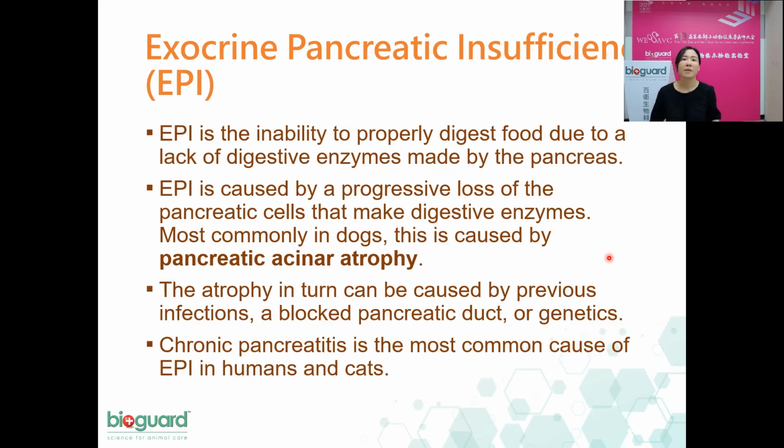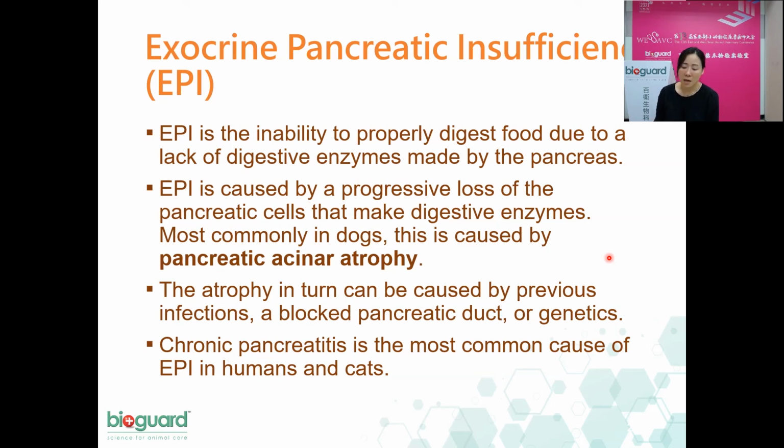Just as I mentioned before, as we talk about the problems of the exocrine pancreas, we cannot only focus on pancreatitis. We also need to look at exocrine pancreatic insufficiency, called EPI for short.